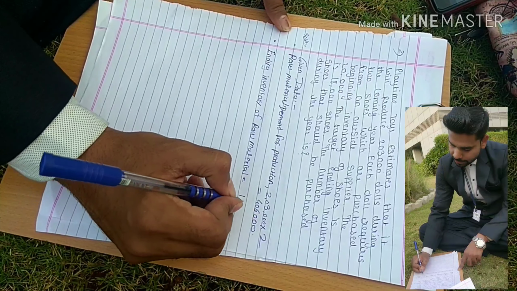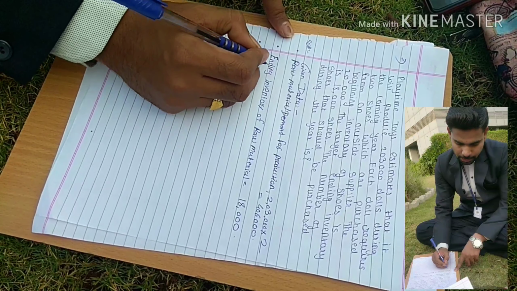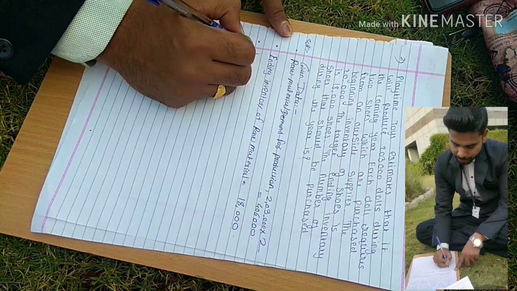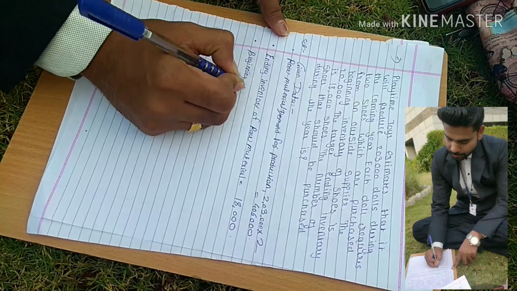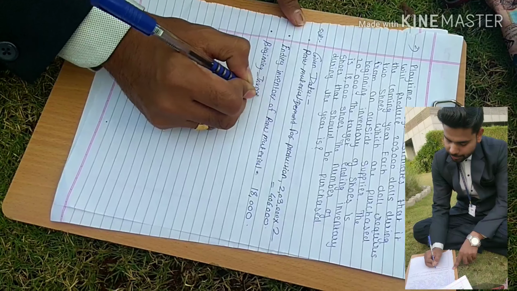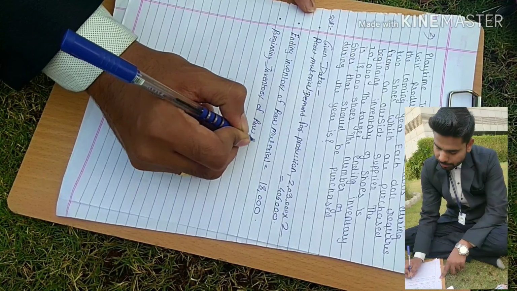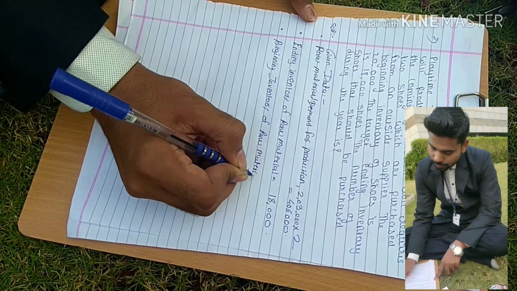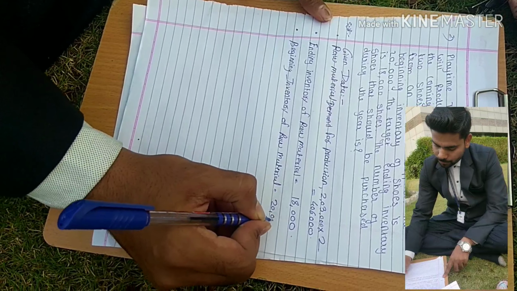The last one is the beginning inventory of raw material, which is 20,000.